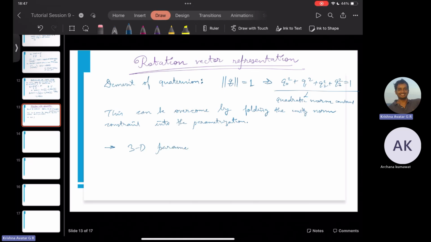So, 3D parameterization of the quaternion representation of an object's attitude.